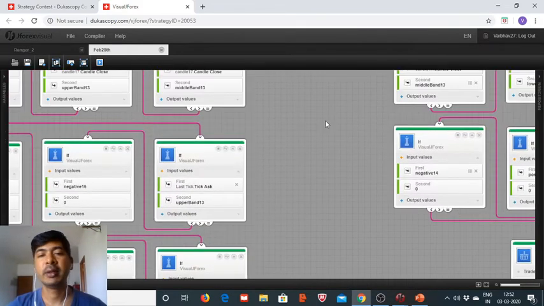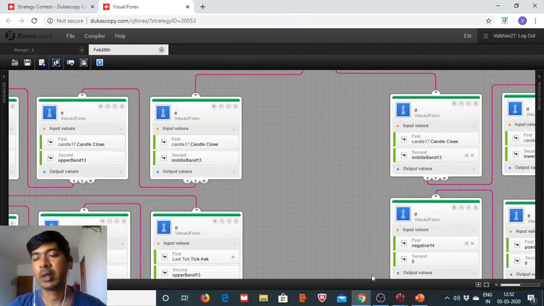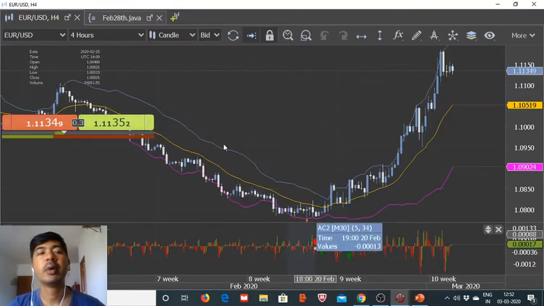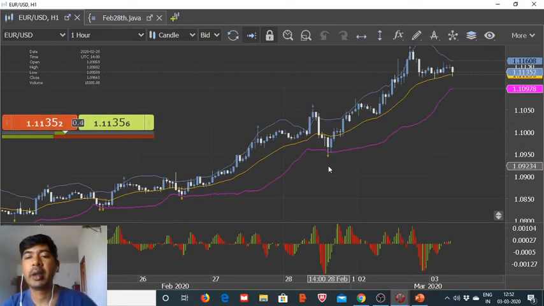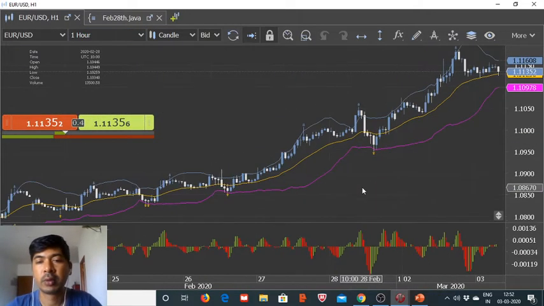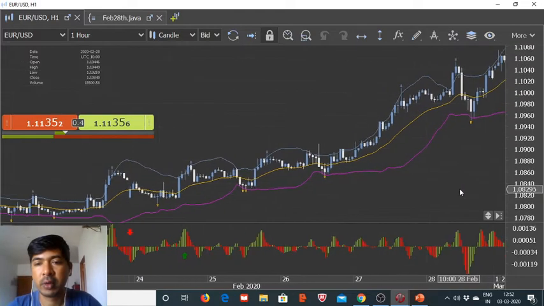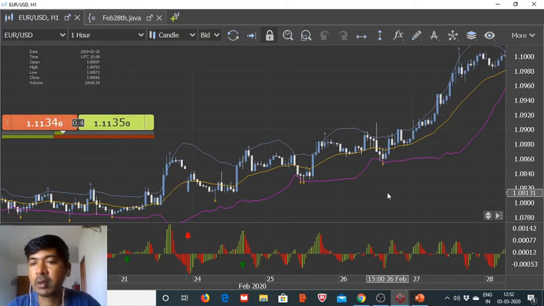Now as I said, we can do further optimization, and here let me show you on the 1 hourly time frame what we can do. So let me explain on the chart first.